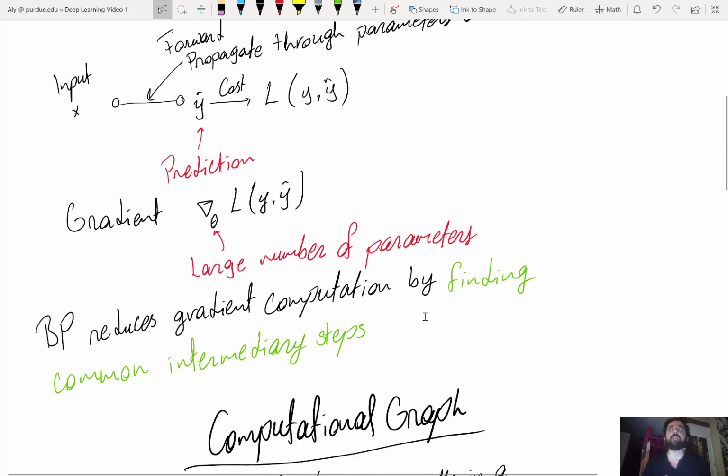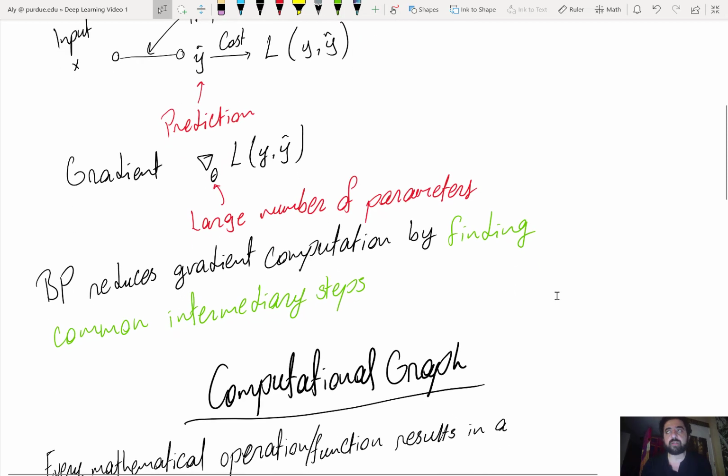That's why we need an efficient way of computing the gradient rather than just computing the gradient with respect to each parameter independently. And what backpropagation does to reduce the gradient computation is basically it relies on finding common intermediate steps between the computation of the gradient with respect to different parameters.